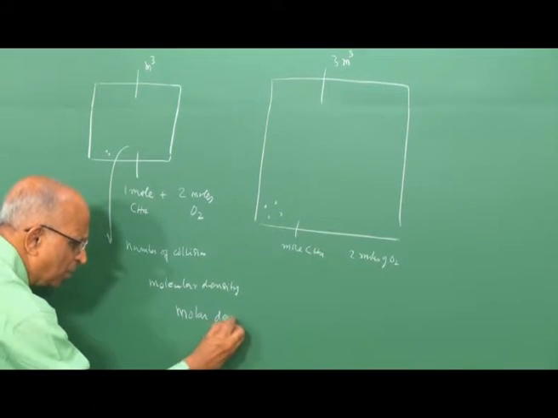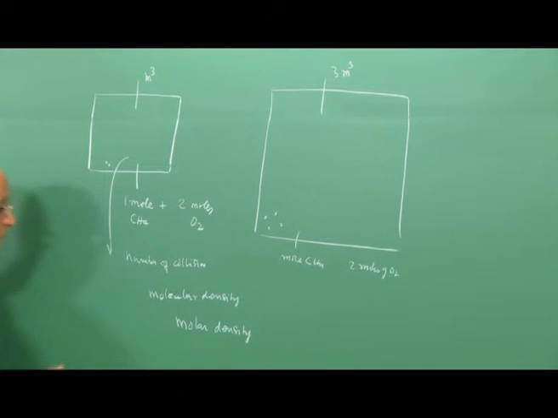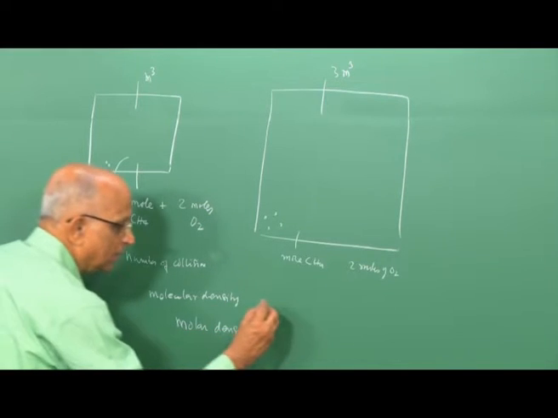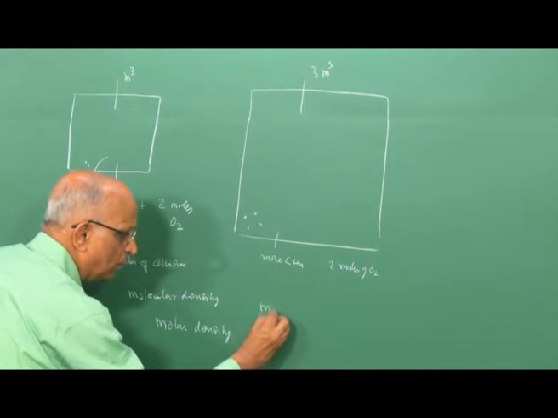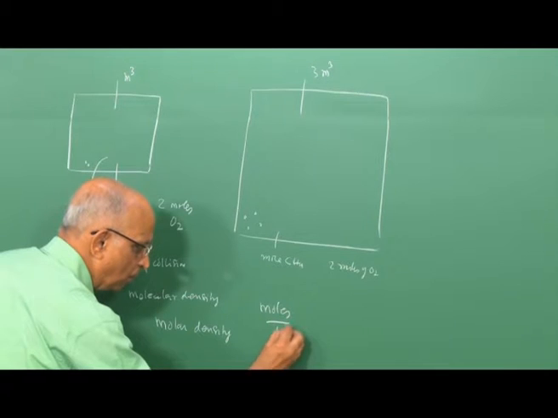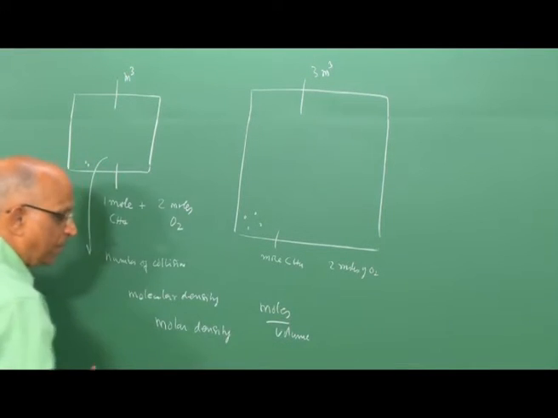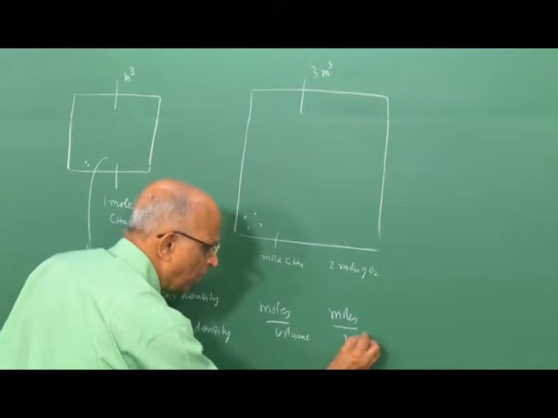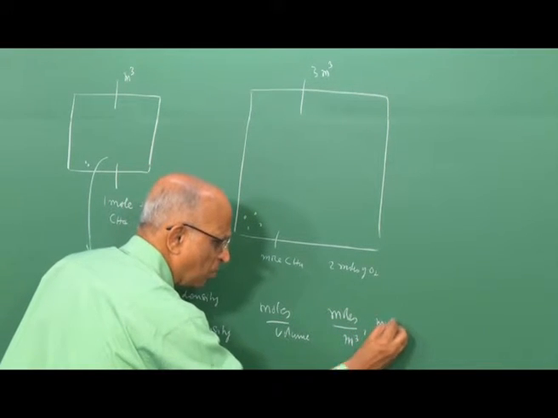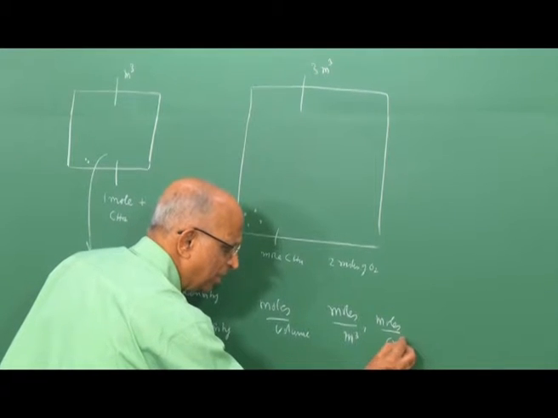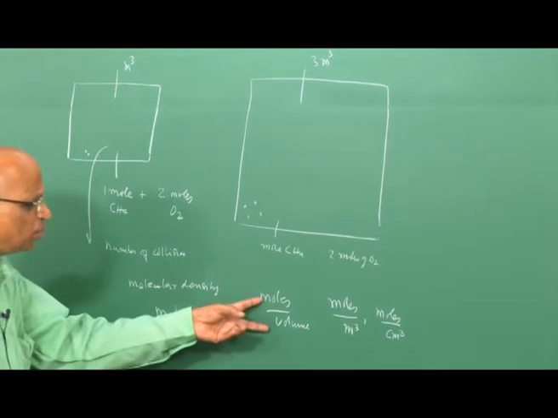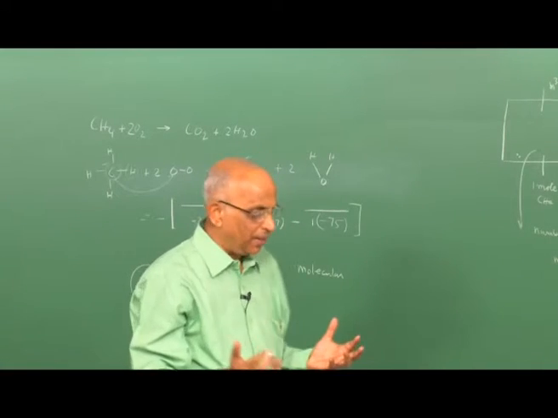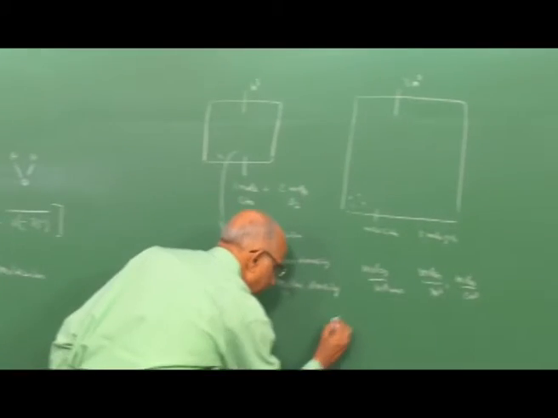Instead of talking in terms of individual molecules, for chemical reactions, since I am interested in collisions, it is important that I talk in terms of number of moles per unit volume, and this could be represented as moles per meter cube, or if it is less, moles per cc or centimeter cube. That means moles per unit volume. And this moles per unit volume is given the name concentration.